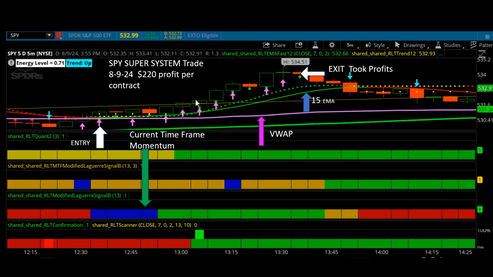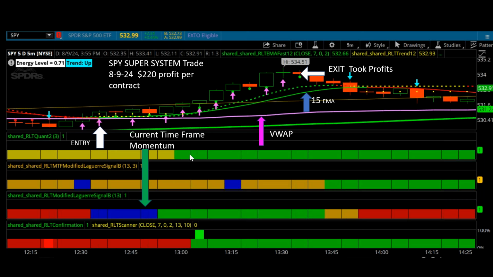All right. So again, I'm going to show you a few SPY super system trades that you can see. This chart is just meant to show the SPY super system trades, which are the intraday trades on the SPY, Qs and IWM, using the SPY super system software. I understand this can be a little confusing. The SPY super system software is what you're seeing right here.